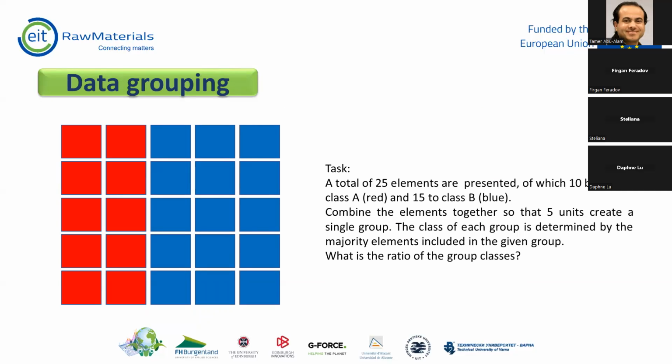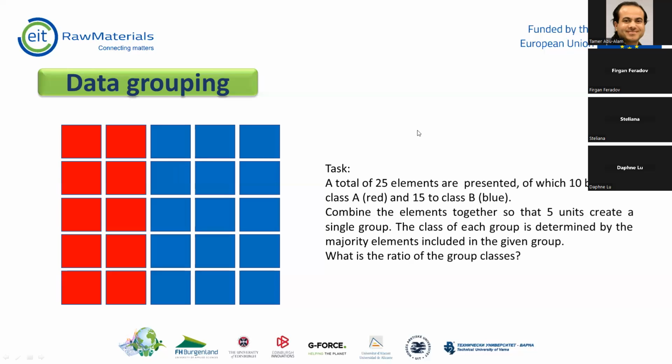On the topic of data grouping, and I just want to give this as I'm talking about testing in general, as I said, pitfalls or things to be aware of. An example task: we have a total of 25 elements, of which 10 belong to class A, red, and 15 to class blue. The ratio is 2 to 3.